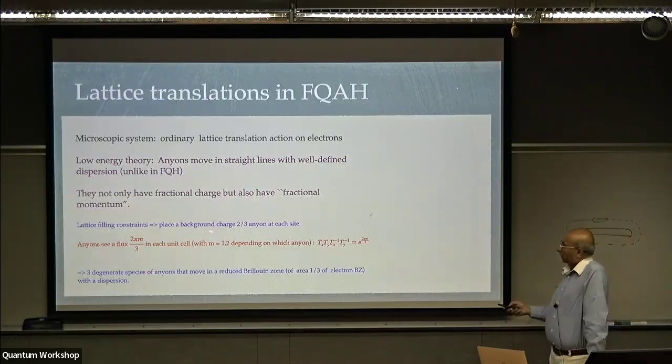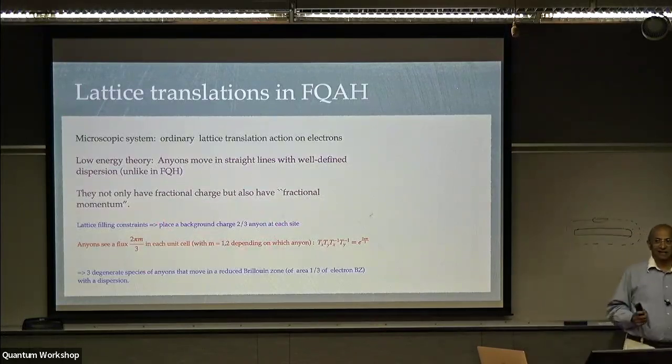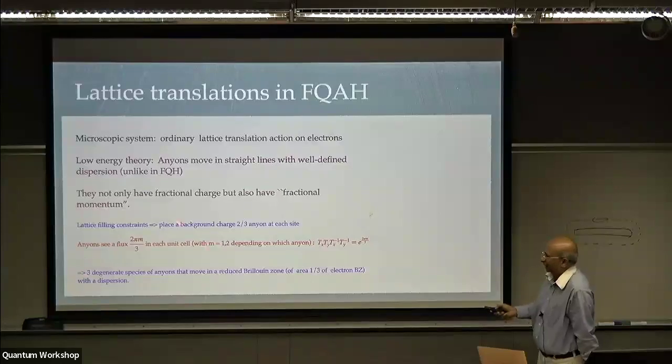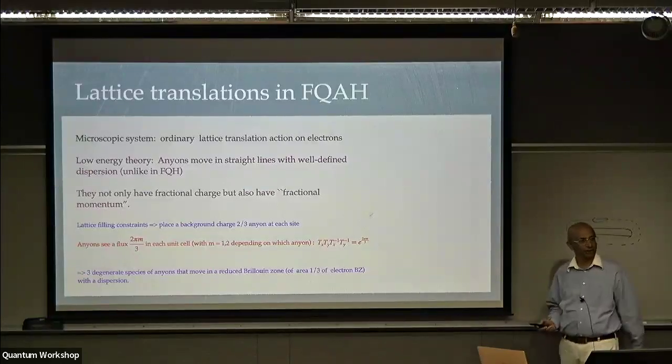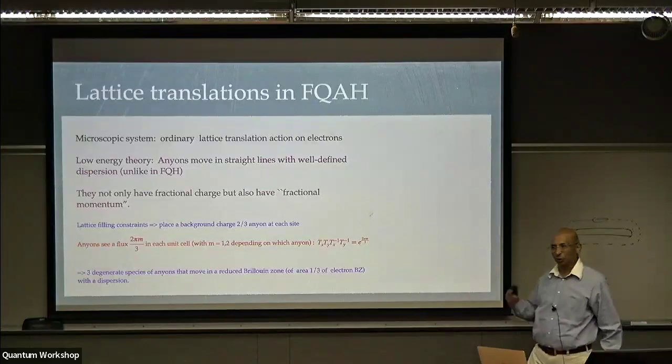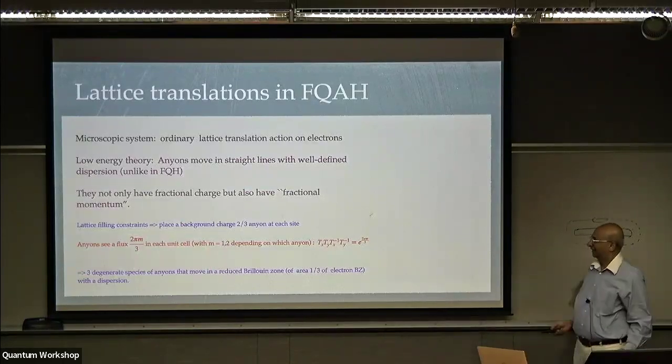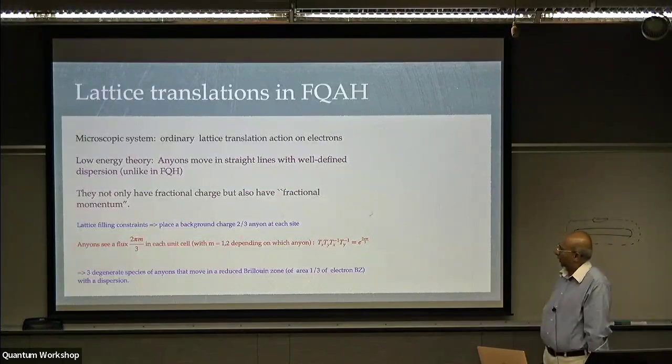Now, the presence of this background charge 2/3 anyon at each site, this anyon will braid with other anyons. This means that any other anyon will effectively see a little bit of magnetic flux in each unit cell. So there's no external magnetic field, but there's this braiding phase induced by the presence of this background anyon.